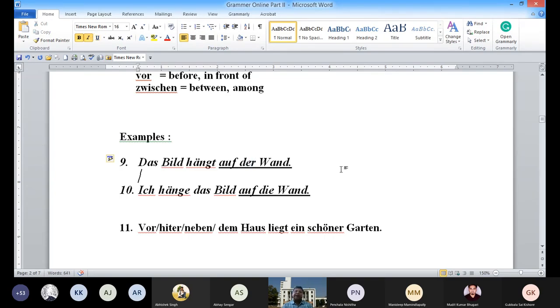So you have to understand while reading the sentence whether it is showing some sort of action, or it is just a kind of statement showing some position. Action, accusative; position, dative. This you have to remember. So here there is an action, so accusative. Here there is a position, so dative.